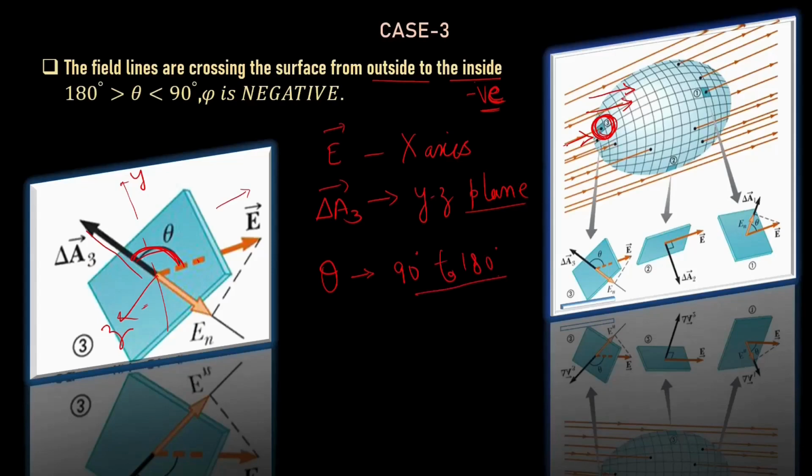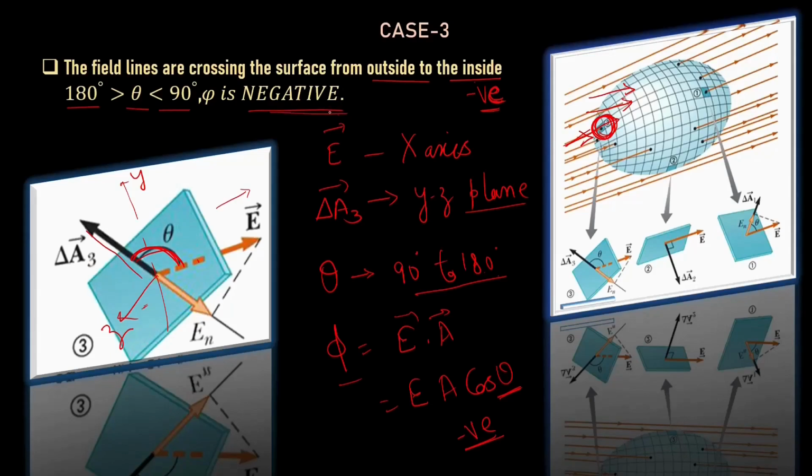So whenever the field lines are entering the surface, that is traveling from outside to inside, if we go for the flux formula, that again becomes E dot A, that is EA cos theta. For an obtuse angle theta, that is for values of theta between 90 and 180 degrees, cos theta is always negative, so the flux associated will become negative.